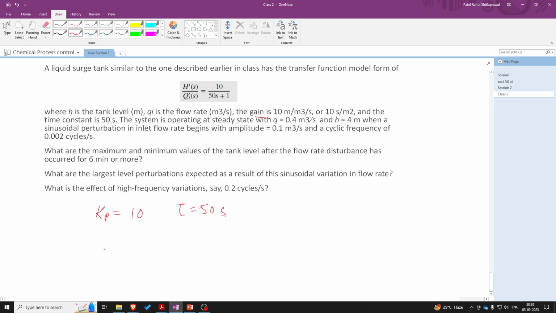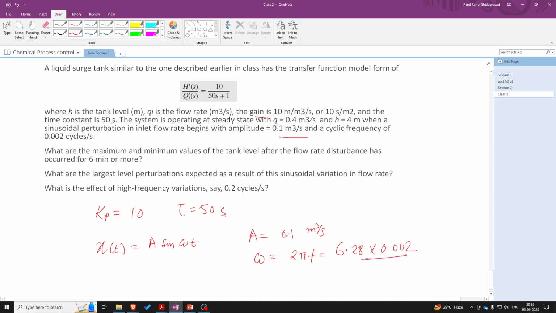And for the corresponding input, we have been given a sinusoidal perturbation, that is x of t is equal to a sine omega t, where a we have been given as 0.1 meter cube per second, and omega we have been given as 2 pi f, so it will become 6.28 into frequency, which is 0.002.